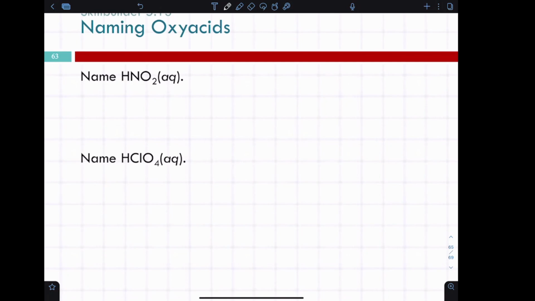So if you figure out what the oxyanion is, we can just remove that hydrogen. And this is something we talked about last time also. But every oxyacid has as many hydrogens as it has negative charges. So here, the HNO2 has one hydrogen. So from that, we know that the NO2 would have a 1- charge.